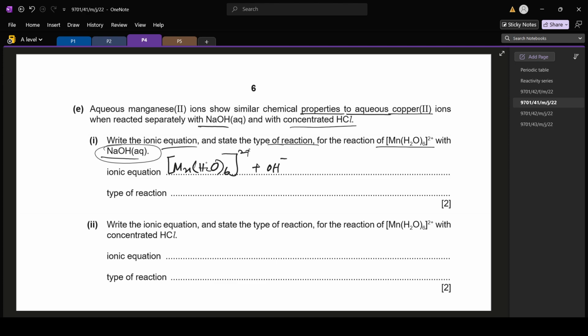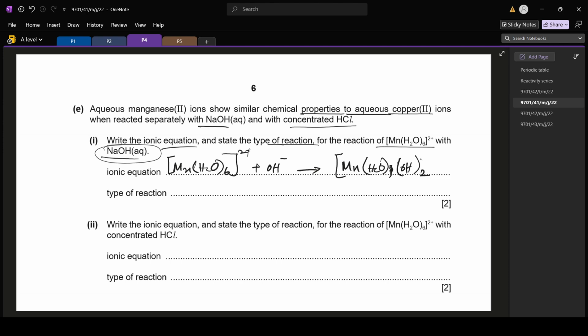The OH- ions will displace some of the water molecules from the complex, and this will form Mn(OH)2(H2O)4. Two of the OH groups will displace two of the water molecules.